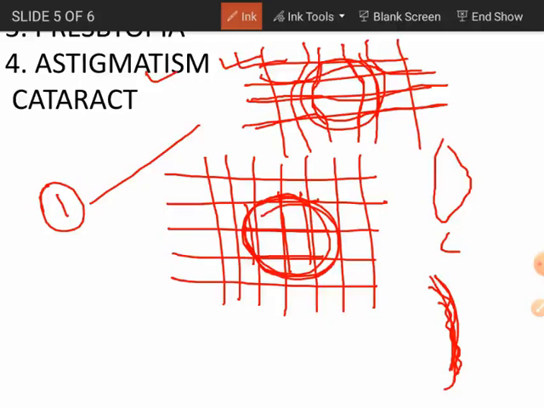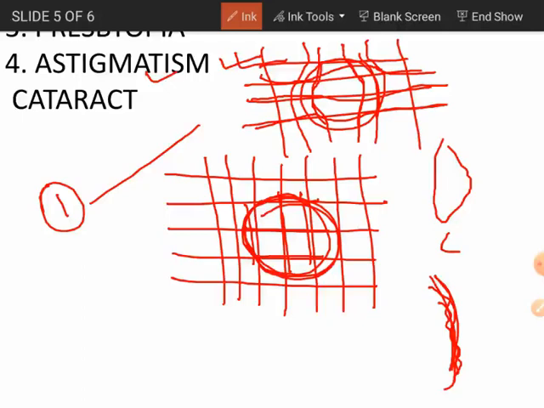Got it? And the last one is known as cataract. You might have seen some elderly people whose eyes, instead of appearing black in color, show a white, milky spot. That type of eye is known as cataract.